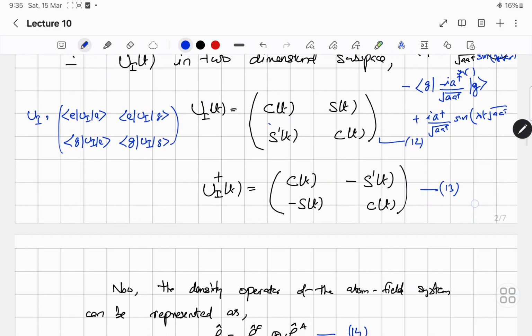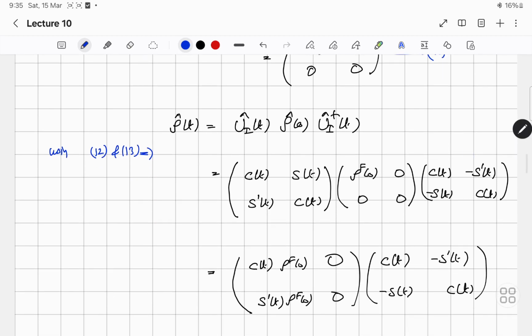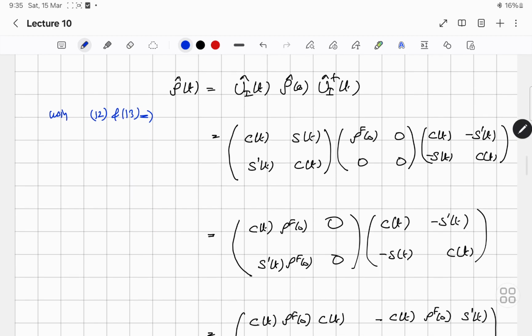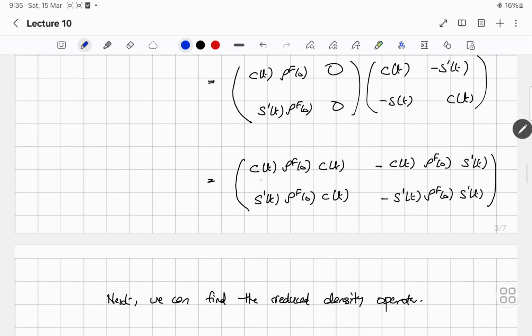Using equations number 12 and 13, I know what my UI and UI dagger are. So I can substitute my UI of t and UI dagger of t and do these matrix multiplications, and we'll find that the density operator at a later time of the combined atom-field system would be C of t rho f of 0 C of t, minus C of t rho f of 0 S' of t, then S' of t rho f of 0 C of t, and finally minus S' of t rho f of 0 S' of t.